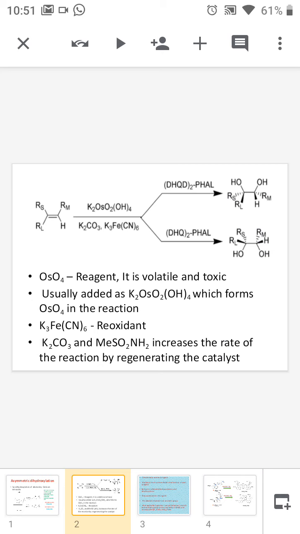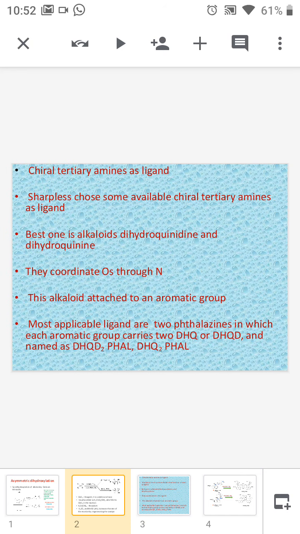For that, we are using a chiral ligand, as we saw in the case of Sharpless asymmetric epoxidation. In the Sharpless asymmetric epoxidation, we use tartaric acid as the ligand, which is optically active. So similarly, we are using the ligands DHQ and DHQD.